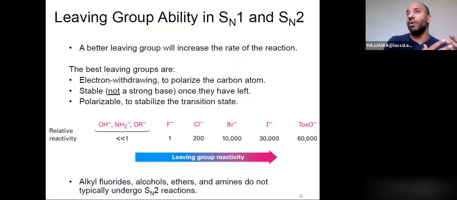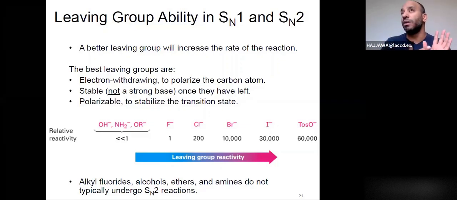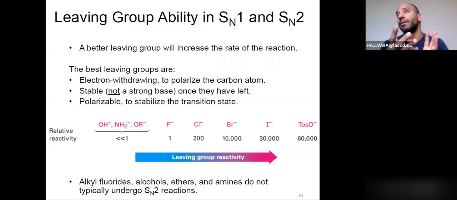Therefore, it's a bad leaving group. NH2 as an anion, it's an NH2 minus. It's a bad leaving group because it's a strong base. So every single time you figure out that it's an alcohol structure or an amine structure or an ether structure or an alkyl fluoride, you automatically just say the reaction outcome will be no reaction, and that's important.